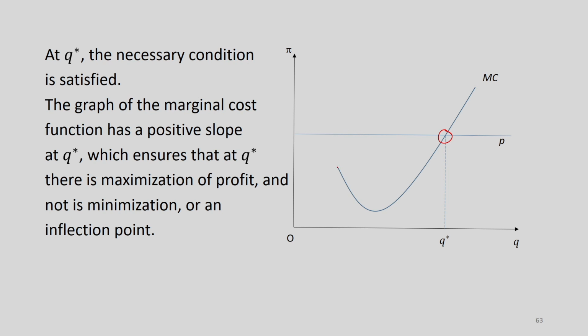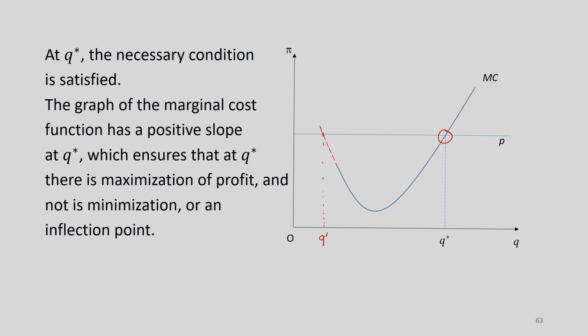One can think about the extension of this curve, and there will be another point where the first order condition will be satisfied, that is P will be equal to MC, but at this point, let us suppose q dashed, the second order condition is not satisfied because the MC is declining rather than upward rising.